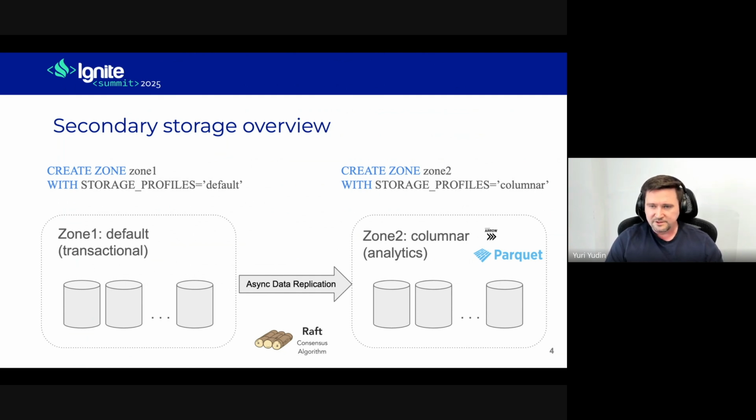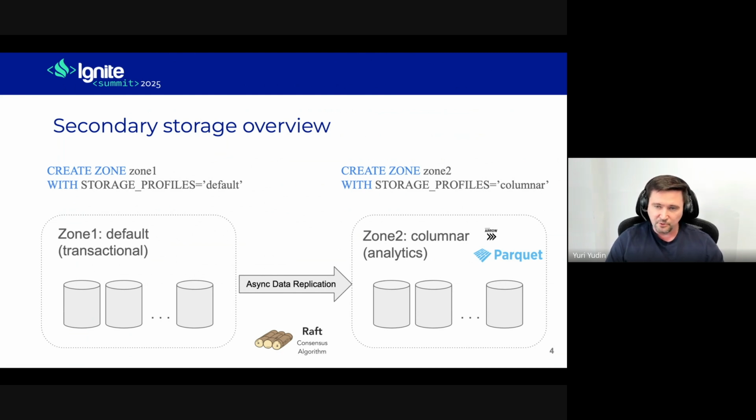And all of those are configured via distribution zones with the storage profiles, which in turn may include one or more storage engines. They are subsequently used to create tables using specific and potentially different distribution zones and hence storage profiles. What GridGain adds here is the concept of a secondary storage.